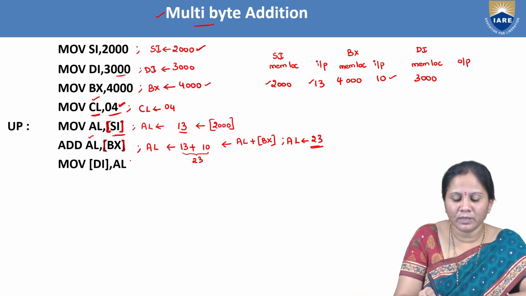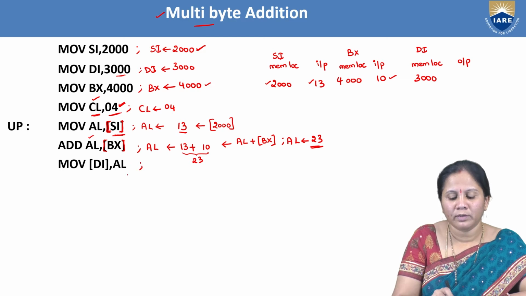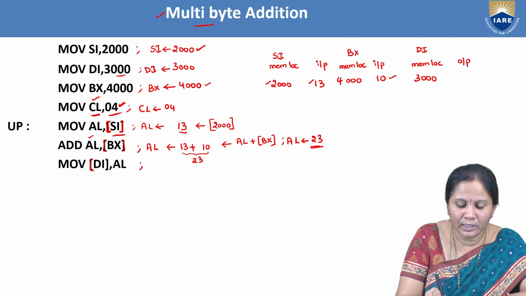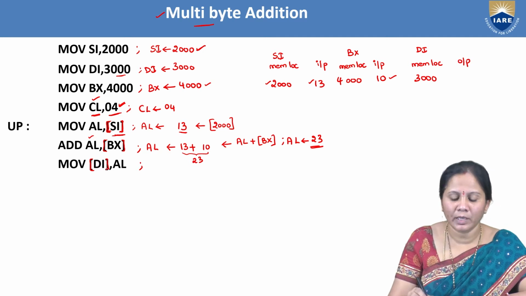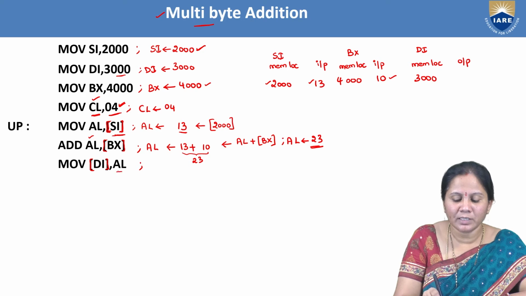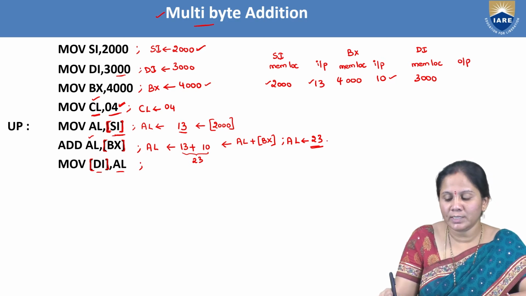And next one, MOV [DI], AL. Here also DI is kept in brackets. MOV [DI], AL means the data present in the AL register will be moved to the DI location. What is there in the AL register? 23.